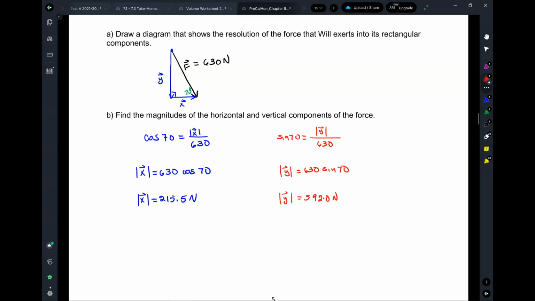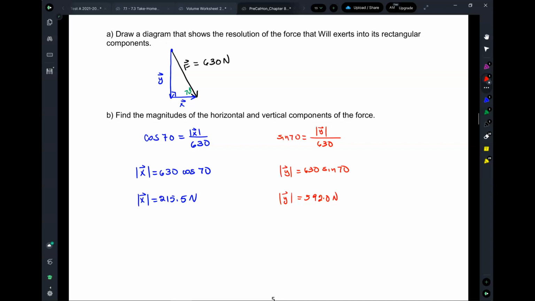I have given the full-fledged vector, no bars. If I do this, then I strip away the direction and I say 215.5 newtons. This is now a specific sized vector and I'm not specifying where it points.